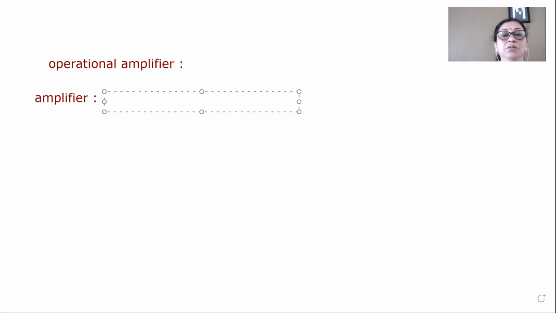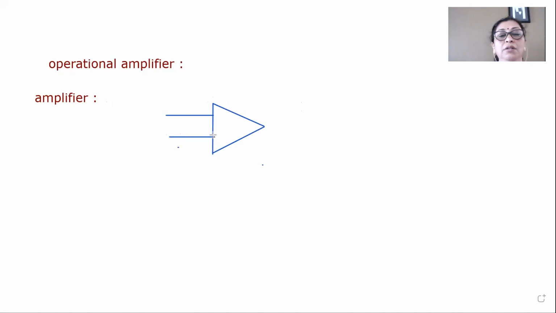Now let us draw the symbolic representation of this operational amplifier. Generally it is drawn in the form of a triangle. It has two inputs and one output. It requires a bipolar power supply. This is the speciality of this operational amplifier.